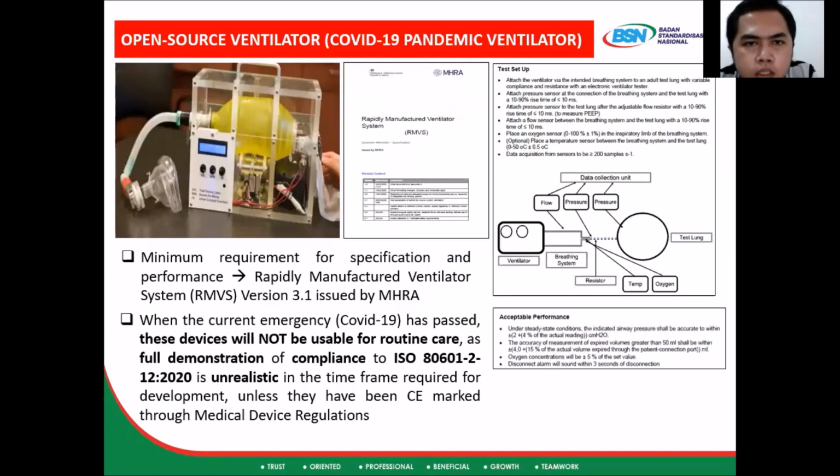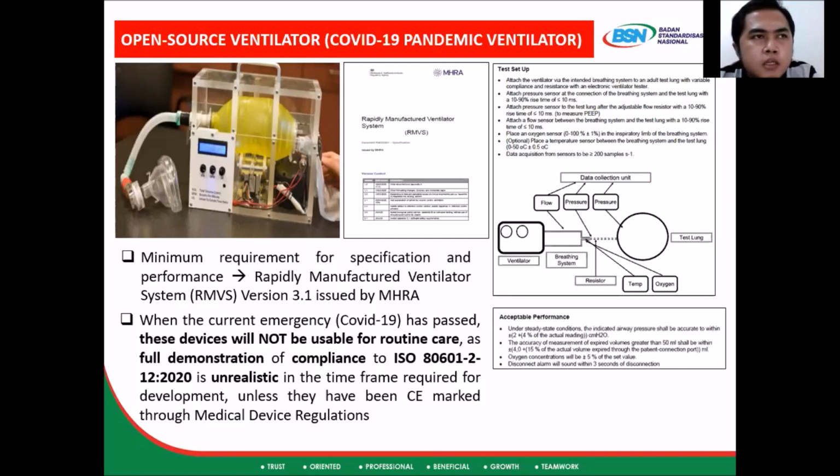Well, in this COVID-19 pandemic, many people from the industry, from the company, from the university built open source ventilators due to the limitation of ventilator equipment in the hospital.